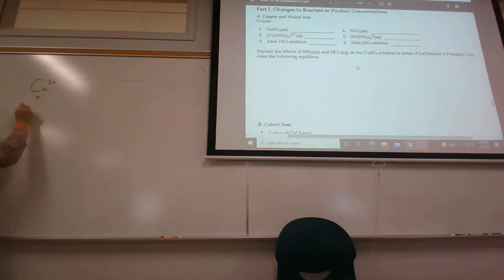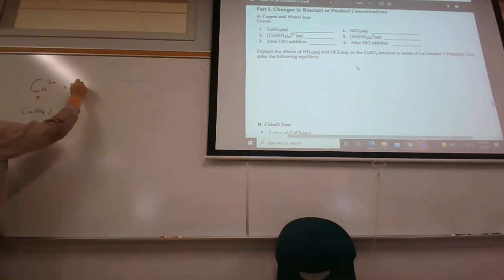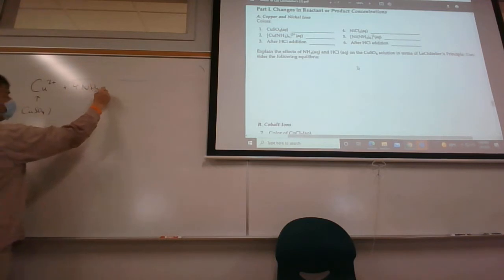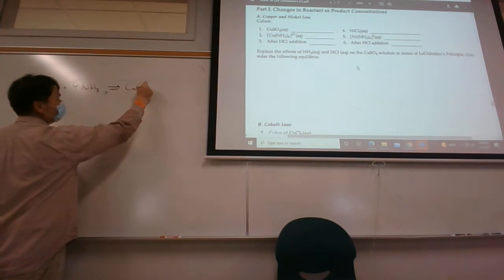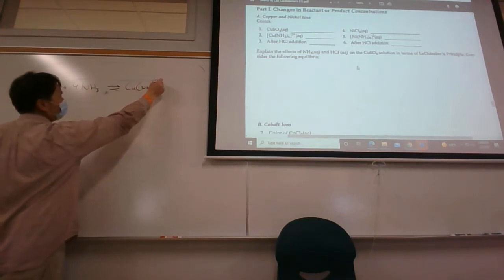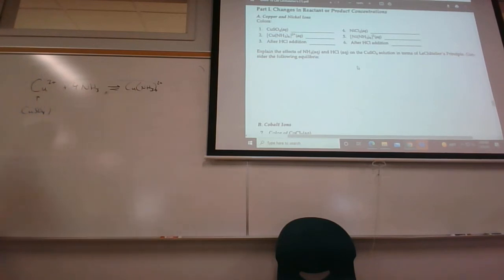These copper 2 ions, this would be from copper 2 sulfate. And the ammonia going to the tetraamminecopper ion, copper 2.